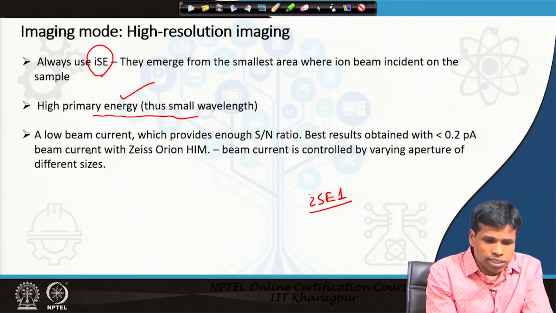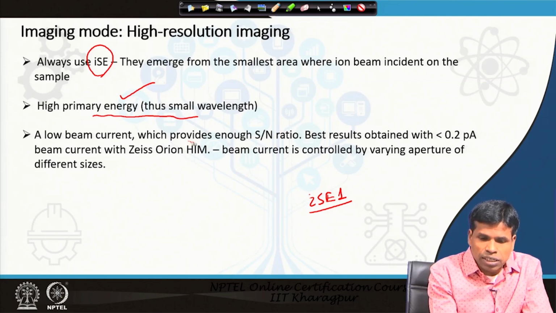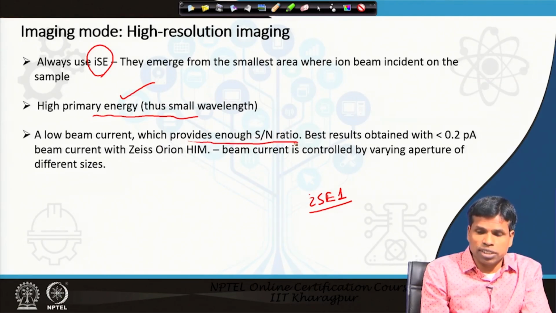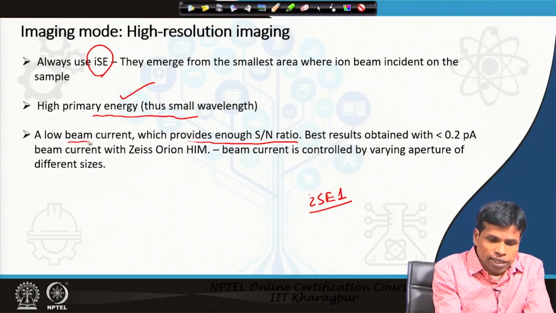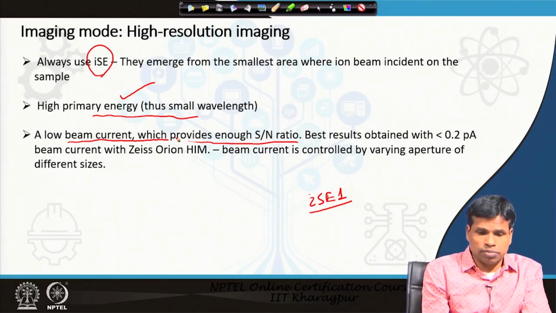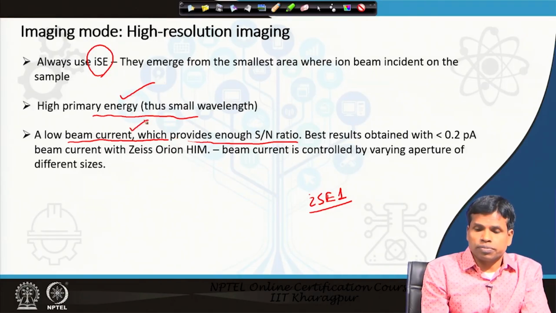Third point is a low beam current. Low beam current is important because it provides enough signal to noise ratio. A low beam current means there will be less surface damage, and there will be less charging in case the sample is insulating in nature, and thereby it can give the best resolution.